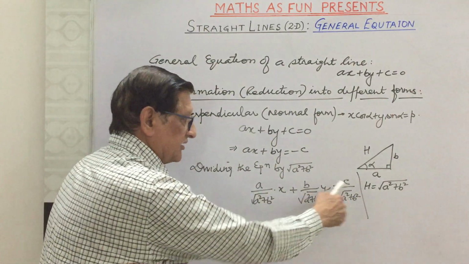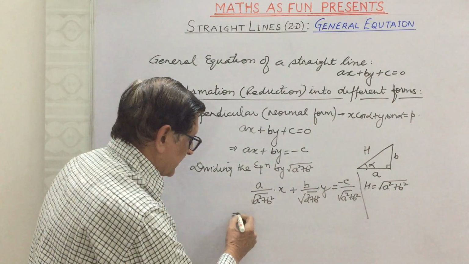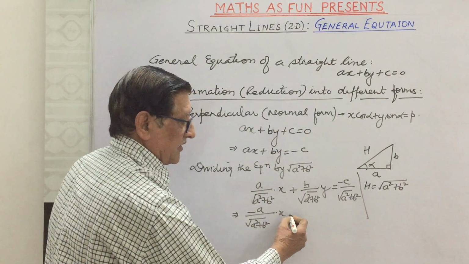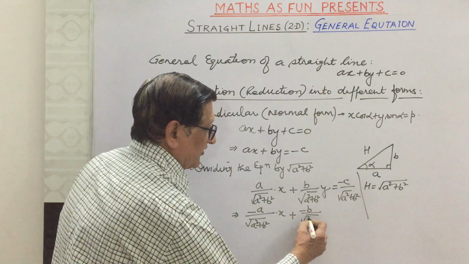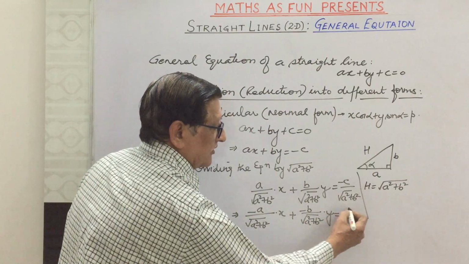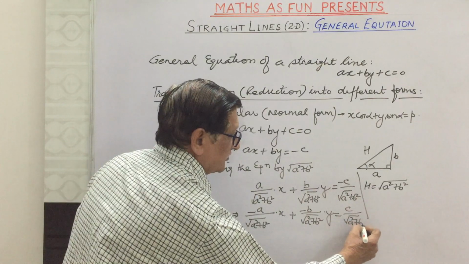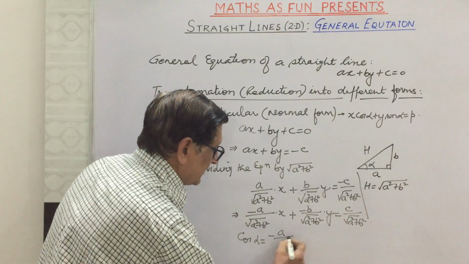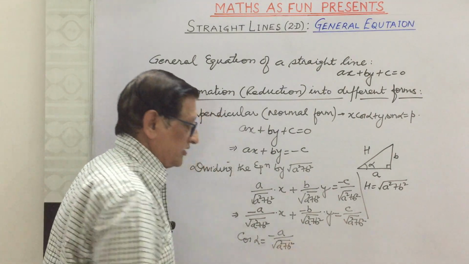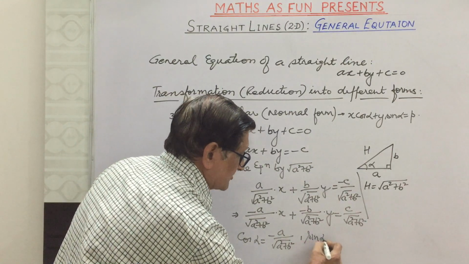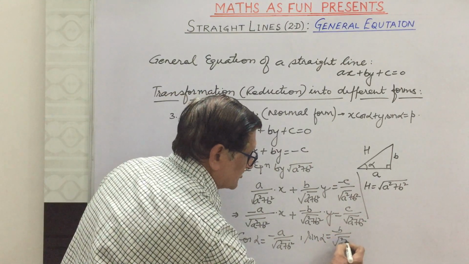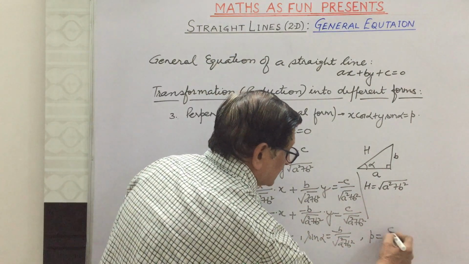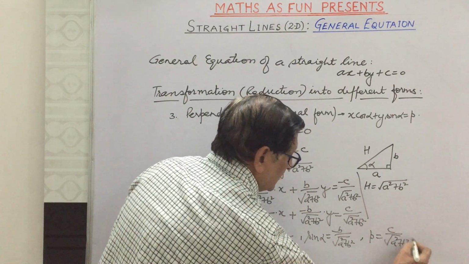So we can multiply the equation by minus 1, we are getting minus a upon root of a square plus b square into x plus minus b upon root of a square plus b square into y equal to c upon root of a square plus b square. So what we find here, that cos alpha is minus a upon root of a square plus b square, sin alpha is minus b upon root of a square plus b square, and p is c upon root of a square plus b square.